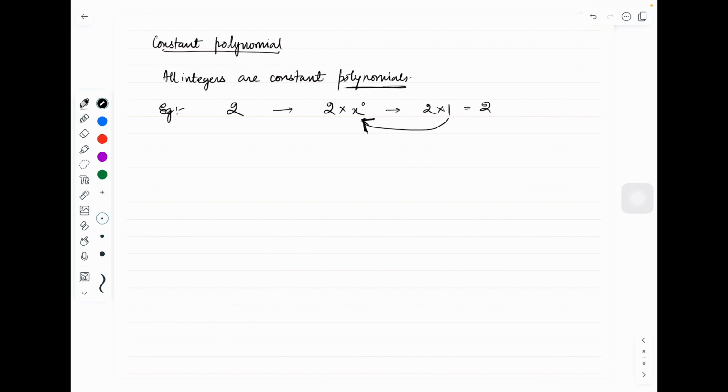Here, instead of only 2, we are writing 2 into 1. Instead of 1, we are writing 2 into x to the power 0. This is a variable. This is a constant. So it's a polynomial.